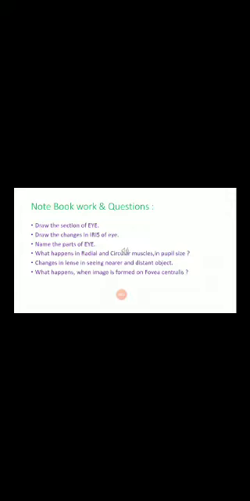Accommodation is the adjustment of the lens so that a clear image of objects at different distances is focused on the retina. In the focusing process, there are two steps: accommodation to the distant object and accommodation to the nearer object.